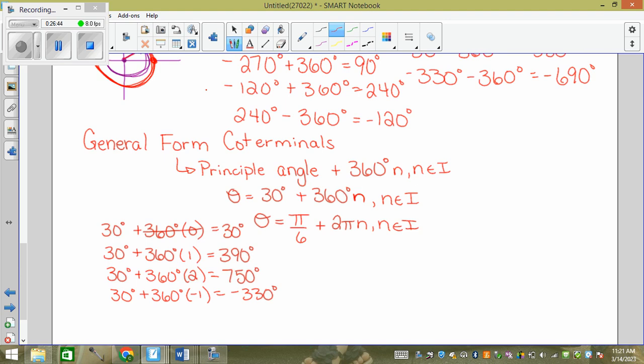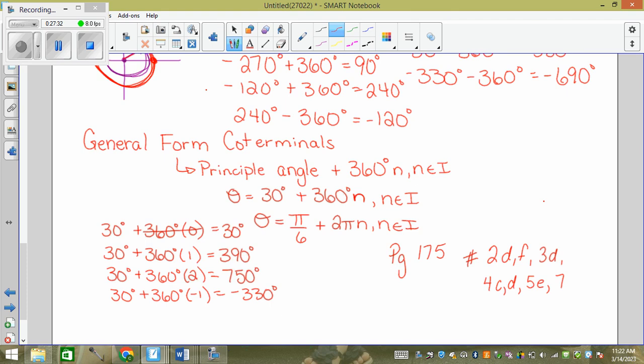And I have a couple questions for you. So 7 wants you to determine one positive and one negative rotational or coterminal angle.